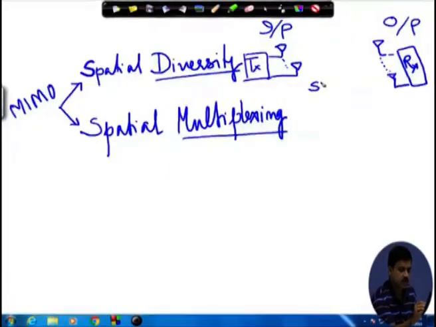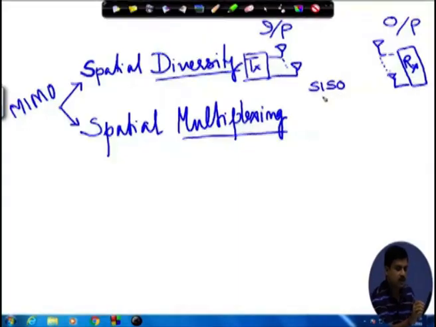The first kind is SISO, single input, single output, which is studied in classical wireless communications. Then you have single input, multiple output. We have seen how to write these kinds of channels. Then we have multiple input, single output. We have also seen how to write these expressions, and then finally multiple input, multiple output.